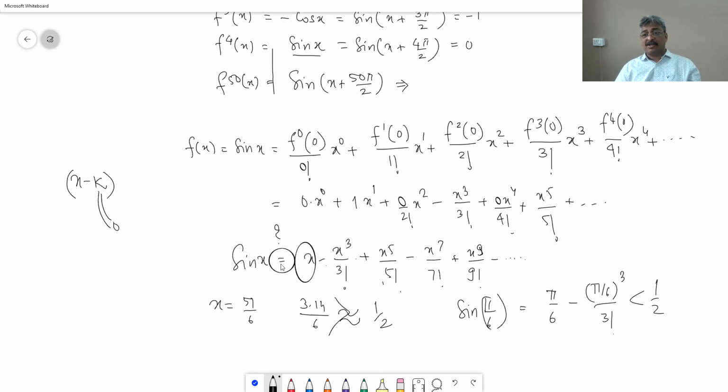So calculus talks about estimation: what accuracy you want, that much you take, and you can assume that is equal, even if it is not exactly equal. That approach which we discussed in the first lecture is still valid and applicable.